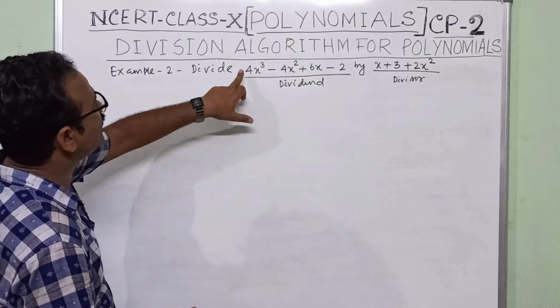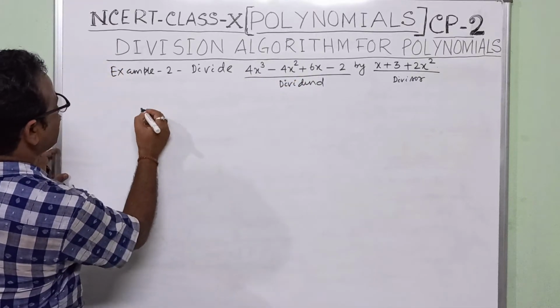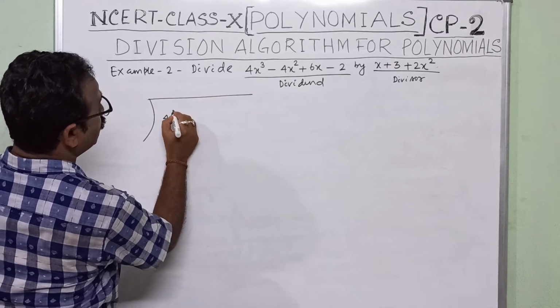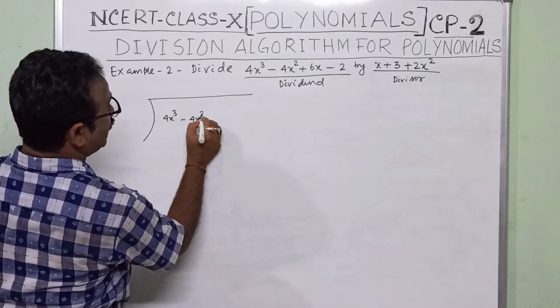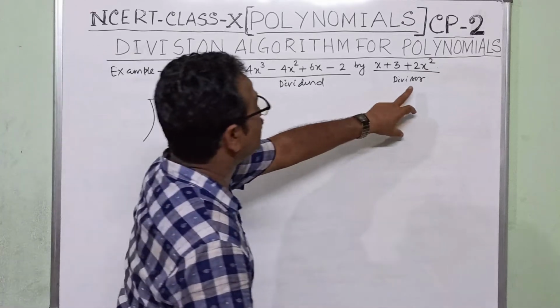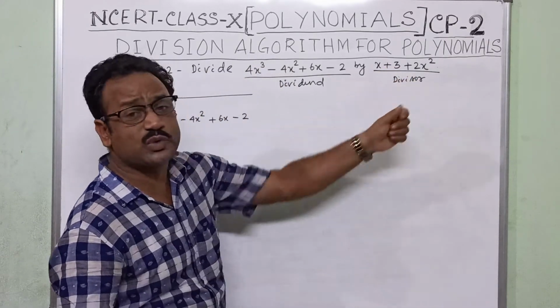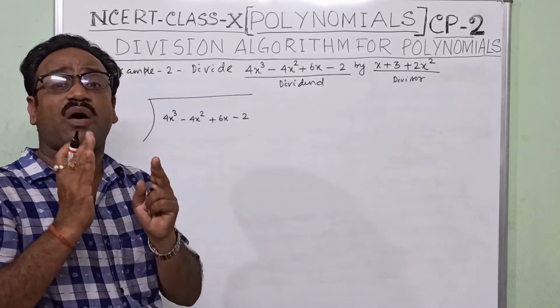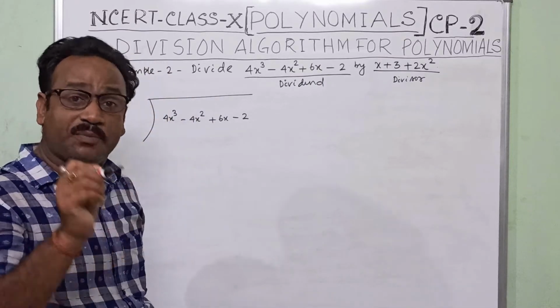So now here it is given: your dividend 4x cube minus 4x square plus 6x minus 2. But the divisor is given as x plus 3 plus 2x square, not in descending power of the degree of variable.